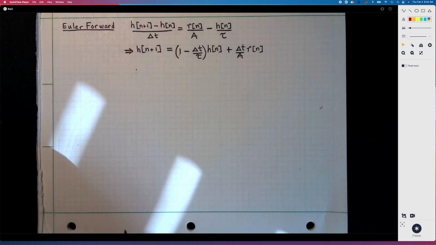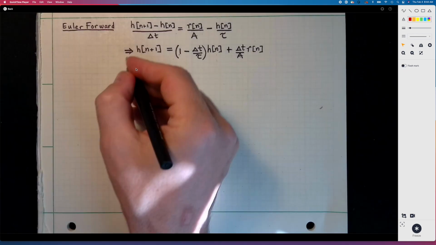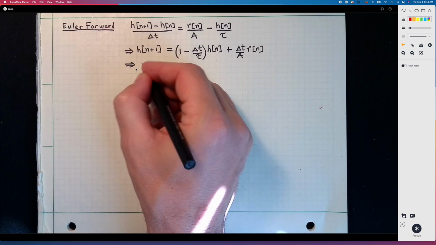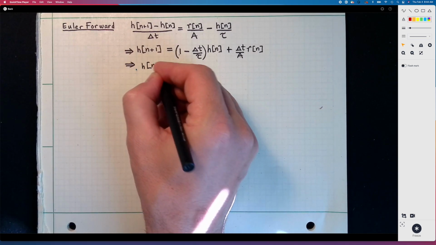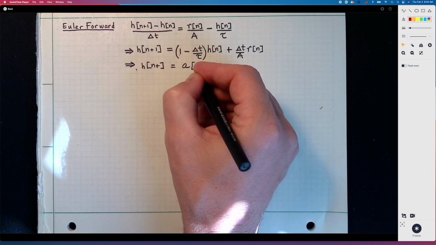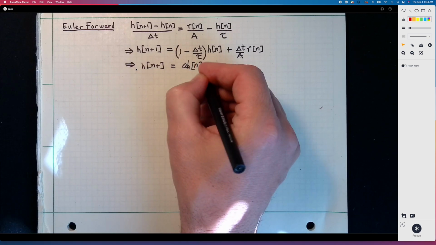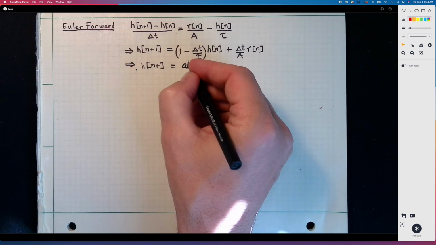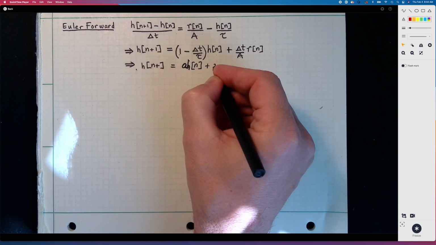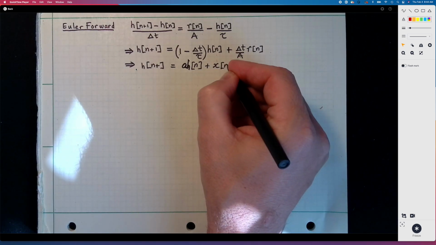And I'm going to further simplify the notation one more time so that it's easier to write the final solution on the paper. So I introduce a factor a here, and then over here I'll just call this one x of n.